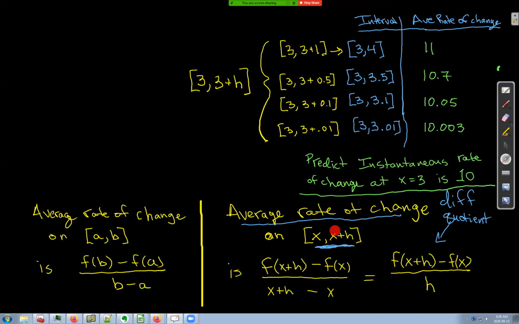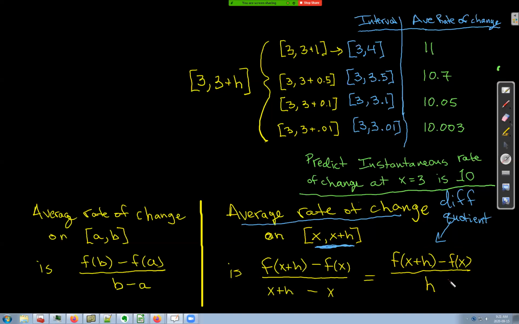And the average rate of change over intervals that look like this, that's what the difference quotient is. And so the difference quotient is kind of a distillation of all the stuff we've been doing.